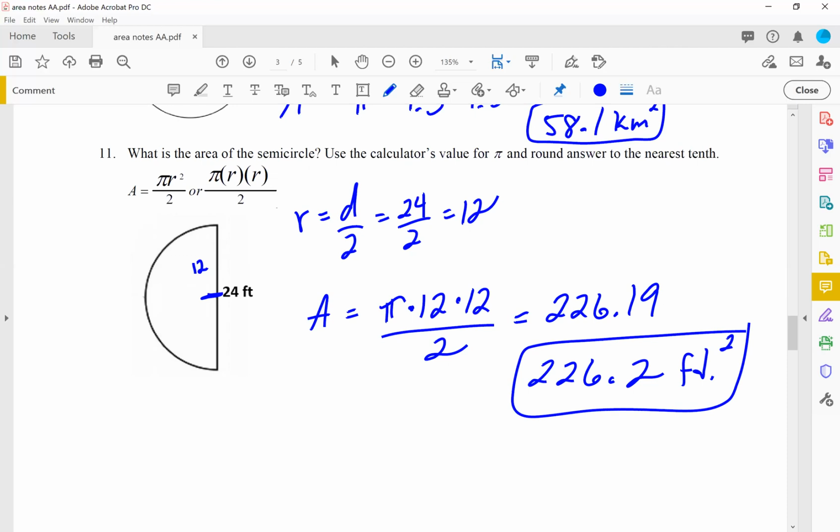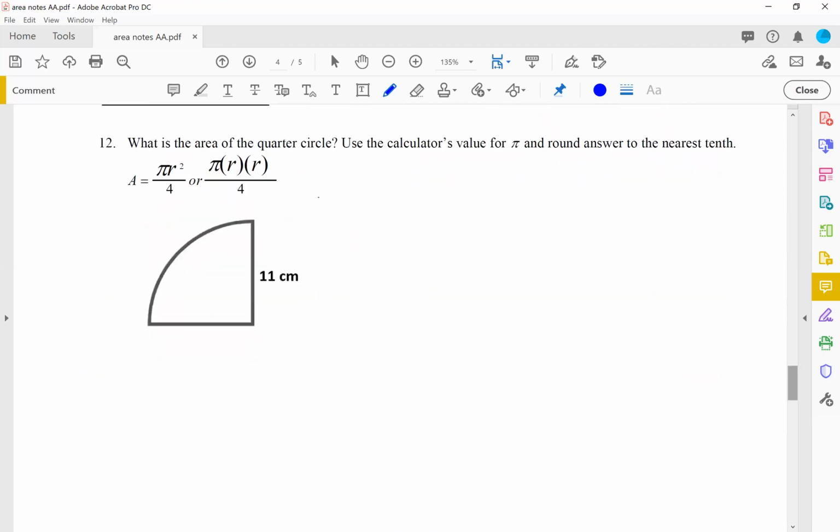All right, and then here's our last one, a quarter circle. Well, guys, a quarter circle is only 1/4 of a circle, so we just take the regular area, divide it by 4. So here, our radius is 11. So the area is going to be pi times 11 times 11. That's the regular circle, but we only want 1/4 of it, so we divide by 4.